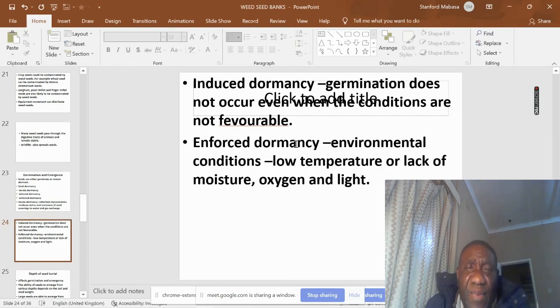Induced dormancy is where germination does not occur even when the conditions are favorable, because the seeds have a memory which is stored inside them, which can tell them not to germinate, and this process is not reversible.